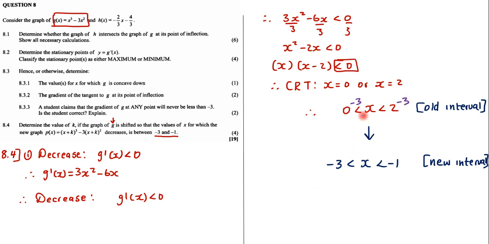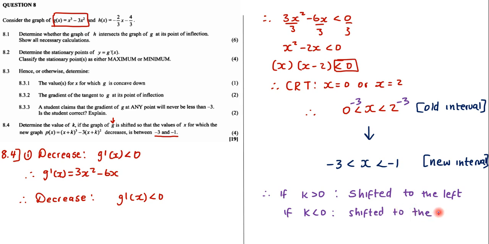According to our graphs, if k is positive, it means that my graph is shifted to the left, and if k is less than 0, it means it is shifted to the right.